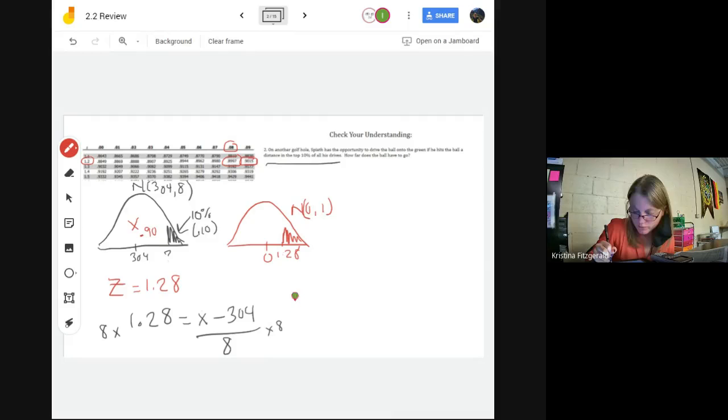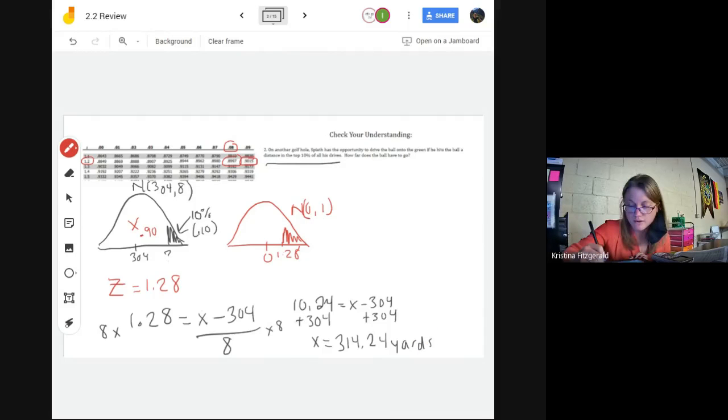So I get 10.24 equals x minus 304. If I add 304 to both sides, x equals about 314.24 yards.